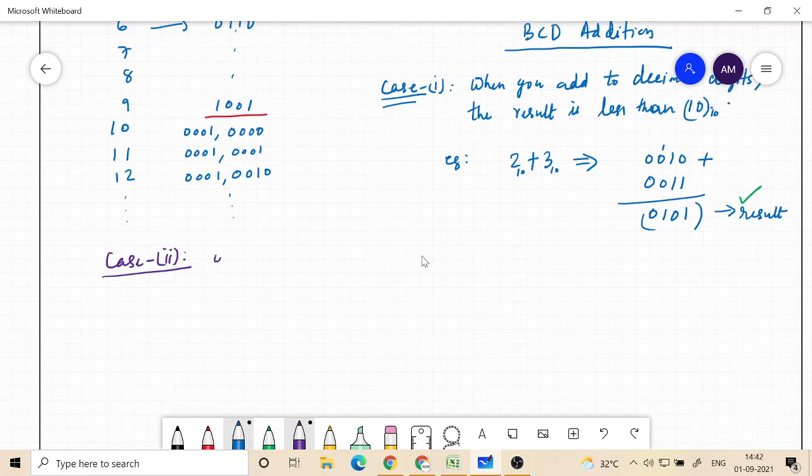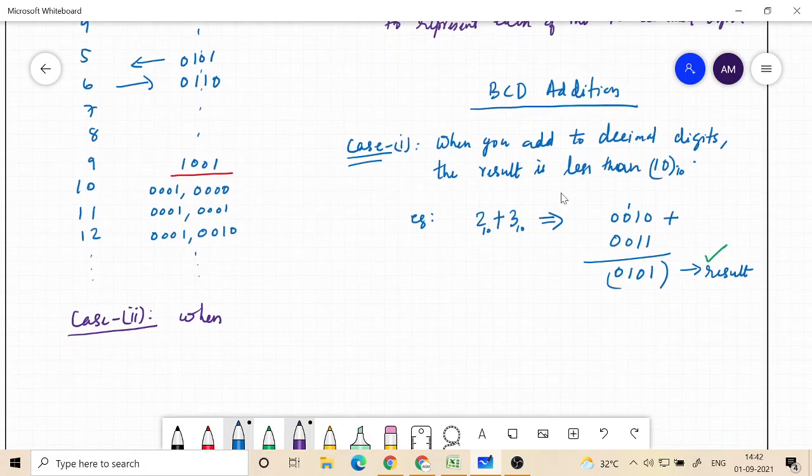So when you add, I can make it a little more generic. I can say when you add 2 decimal digits with carry. Carry could be 1 or 0, so I am giving a possibility for carry also.